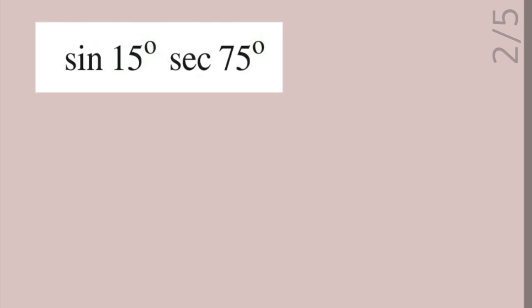Look at another problem here, sin 15 into secant 75. Here we can observe 15 and 75 are both complementary angles, but sin and secant are not complementary ratios. So what can we do? Is there any other option? Generally sine's complement is cos.